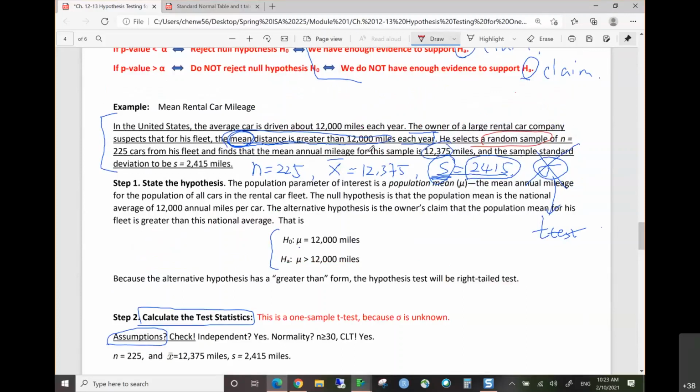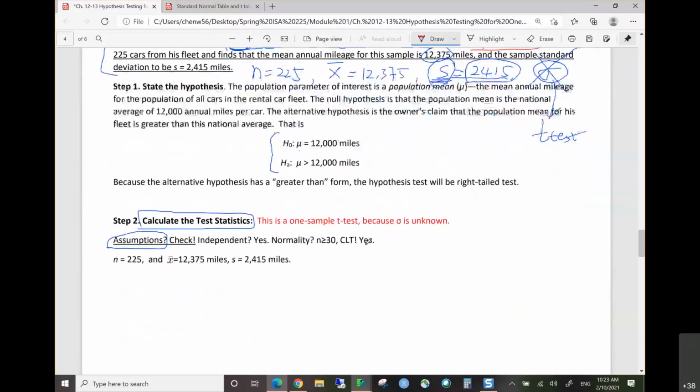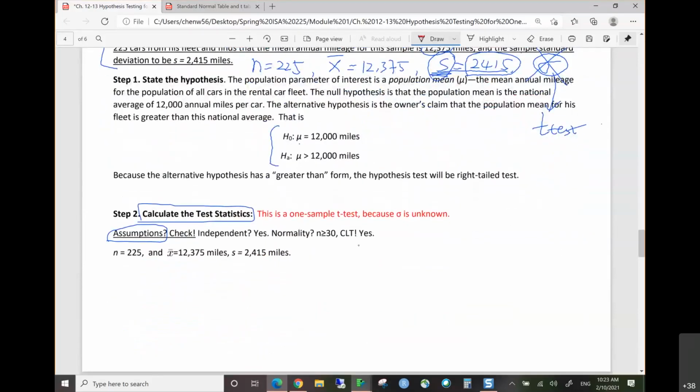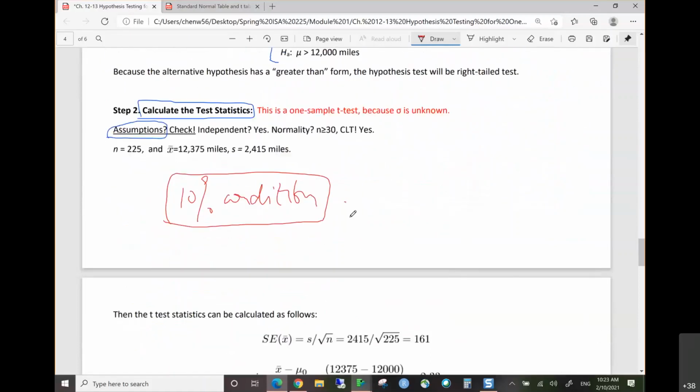Next for the independence assumption, the 10% condition. There is no population size here. How can you check your 10% condition? This condition is always true except in two cases. The first case, if your population is too small, then the 10% condition is not right.